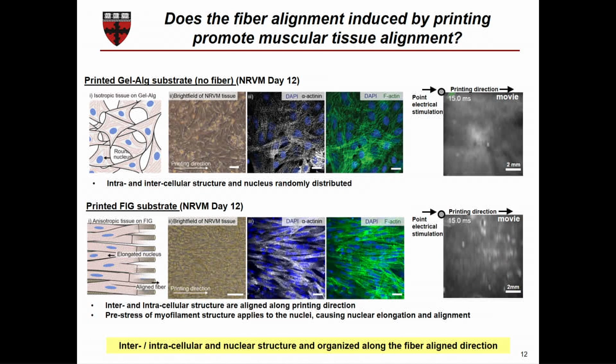We cultured neonatal rat ventricular myocytes, and without the fiber, they were randomly distributed and connected in a random distribution. But when you have this fiber, it shows very nicely aligned cardiomyocytes.